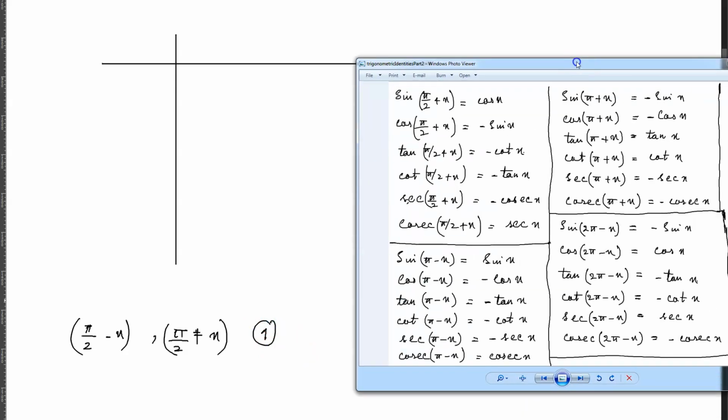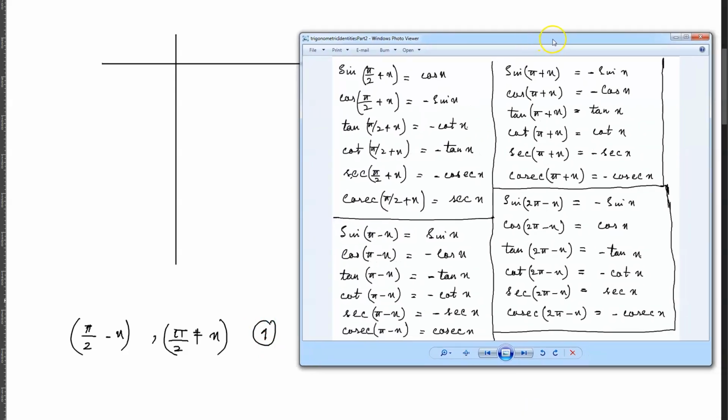Then case number 2, I have pi minus x and pi plus x.